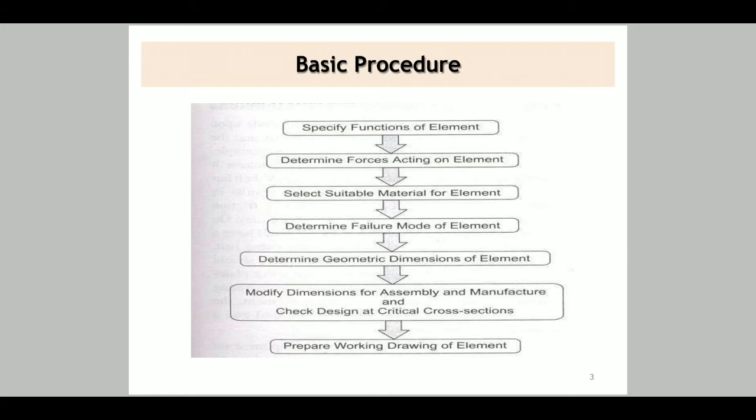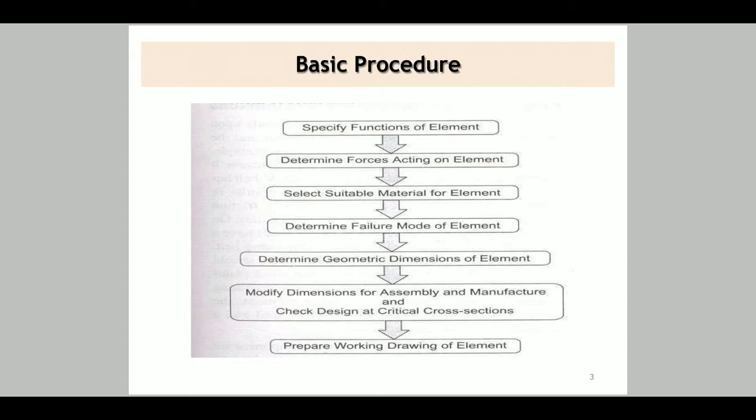Next part is to determine the geometric dimensions of the elements. In this part we have to give the dimensions to the machine which we are going to design. Next process is to modify the dimensions for assembly and manufacture and check the design at critical cross sections.